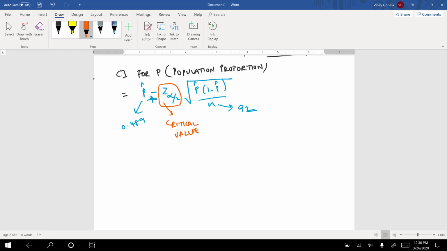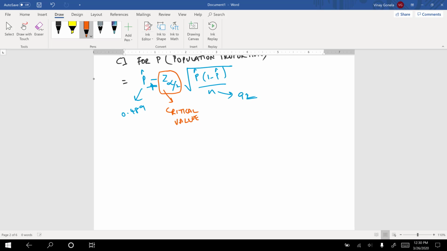As we discussed previously, to calculate a 90% confidence interval, our alpha would be 1 minus 0.90, that is 0.10. Alpha over 2 would be half of it, 0.10 divided by 2, which is 0.05.